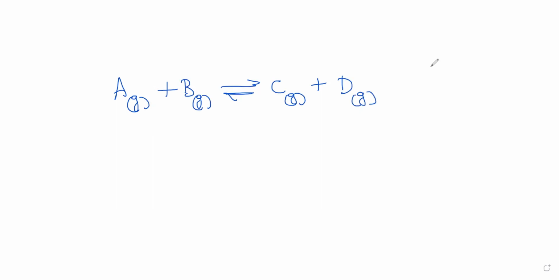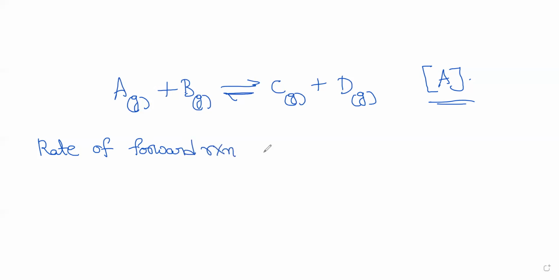If I put a bracket like this around A, that is called the concentration or active mass of A. Now the rate of the forward reaction is Kf into concentration of A into concentration of B. So this is how we write it.